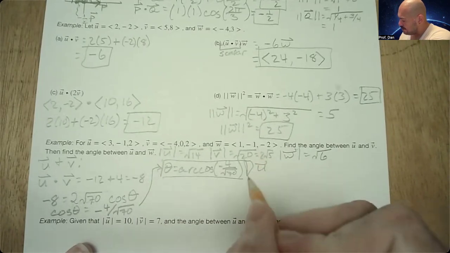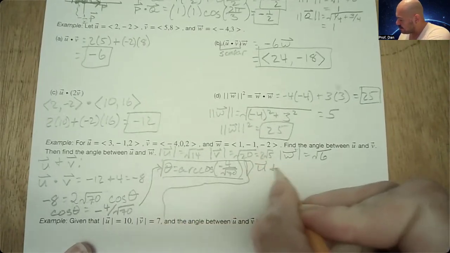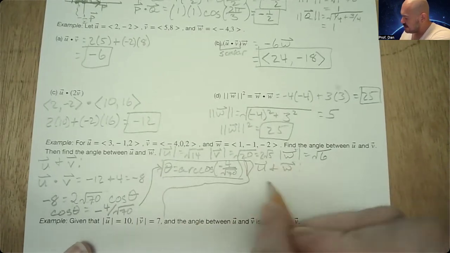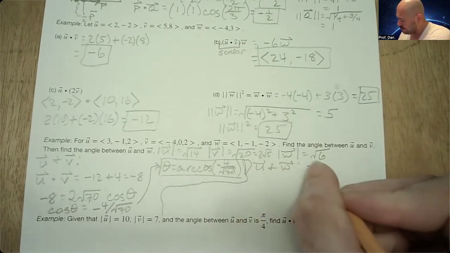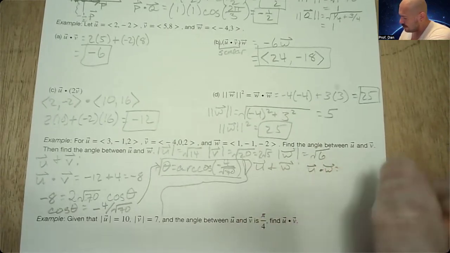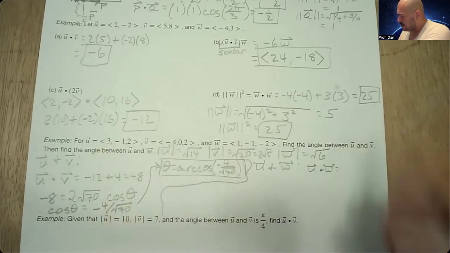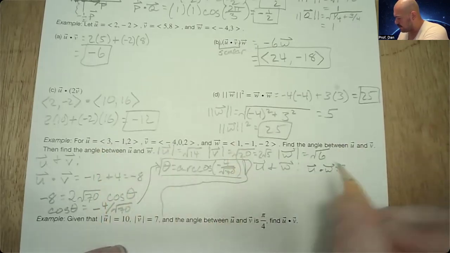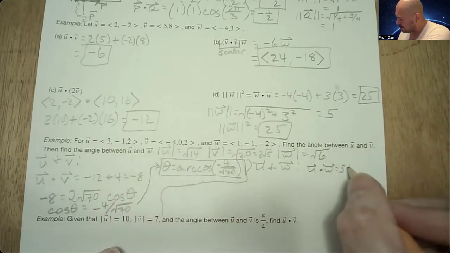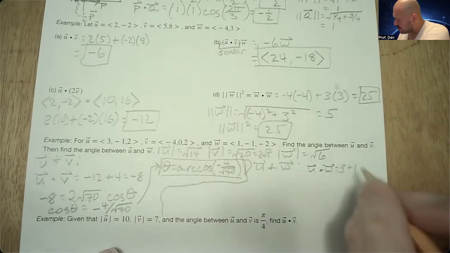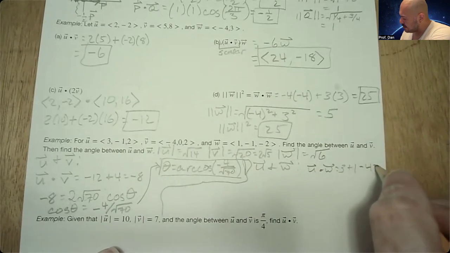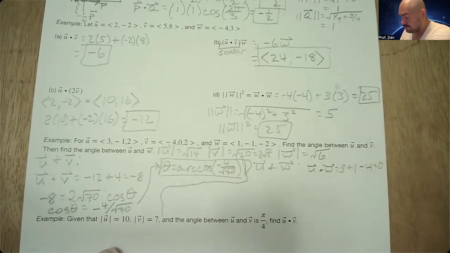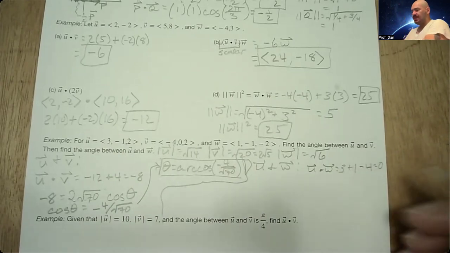For u and w, switching gears now. All right, same approach. We want to start by finding the dot product. So u dot w, we get 3 times 1, 3, -1 times -1, and 2 times -2. So when I add those together, I end up getting 0. Remember, what does that mean?